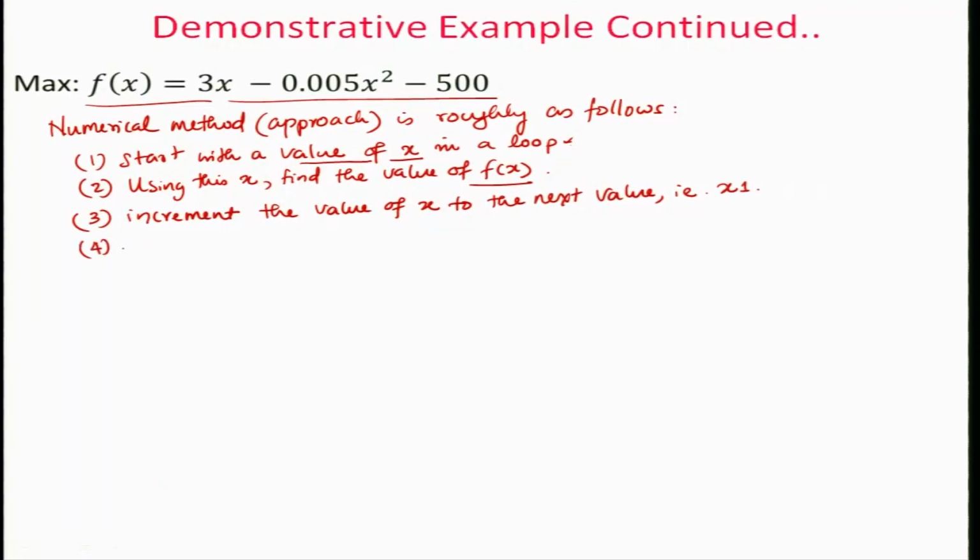Then 4, using the new x1, find the value of f of x1, right. So, you first use x, find the value of f of x, then increment the value of x to x1, then using that x1 find the value of f of x1.